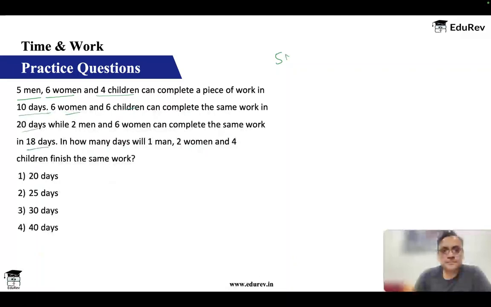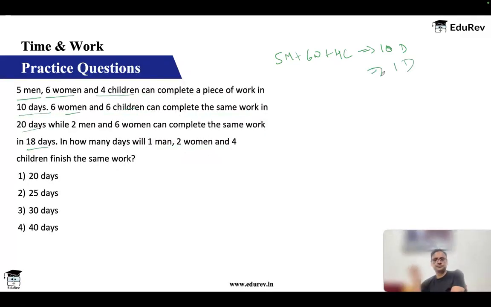5 men plus 6 women plus 4 children finish some work in 10 days. Now, if I want to finish this work in one day, what will I have to do? They finished this work in 10 days. Instead of 10 days, I want to finish the work in one day.